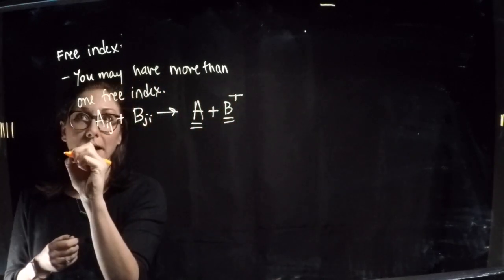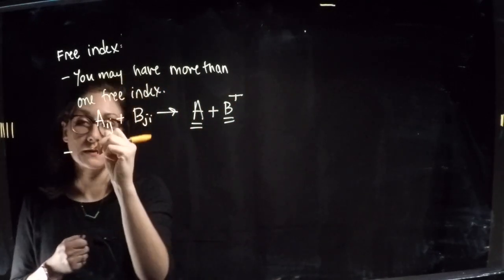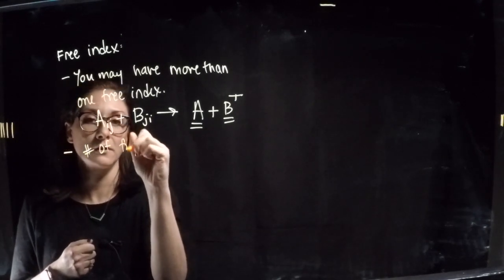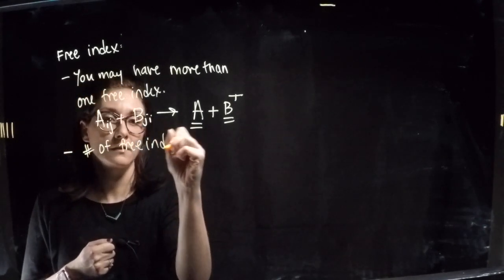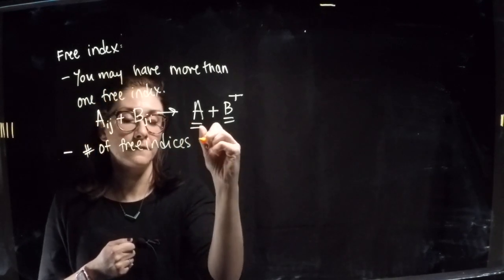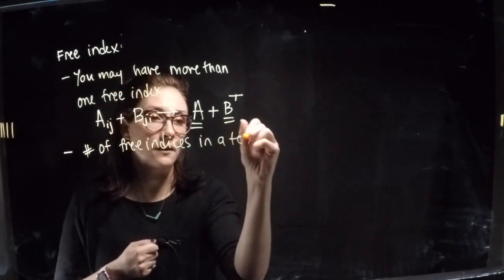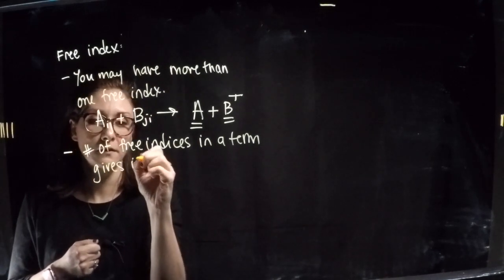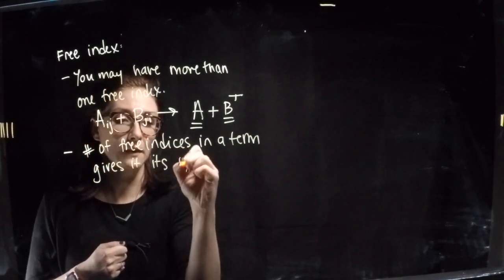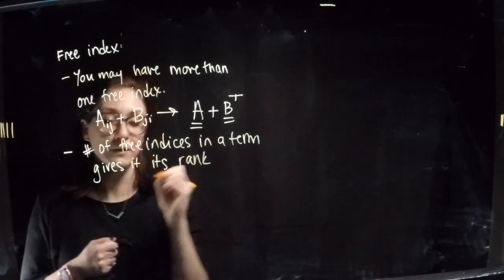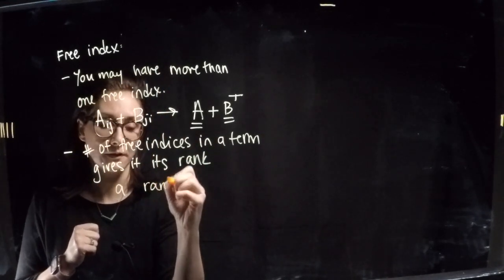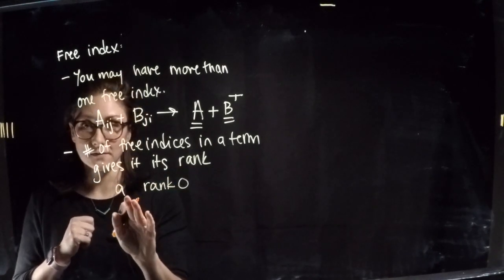Another note on free indices is the number of free indices that you have gives what's called its rank. So for example, a scalar is rank 0 because it has no free indices.